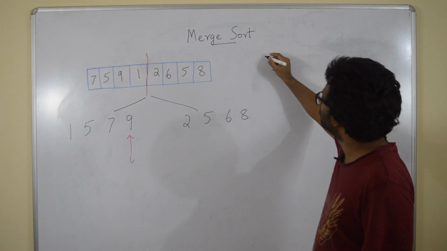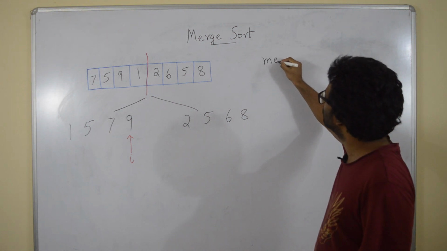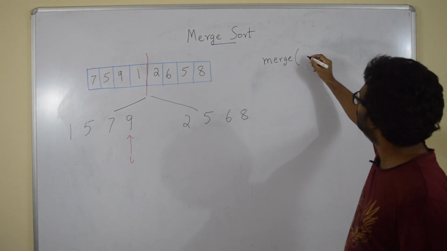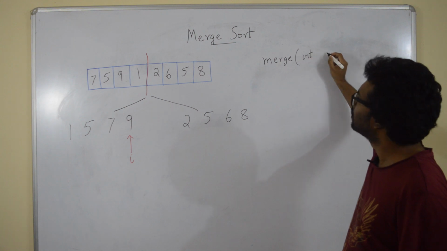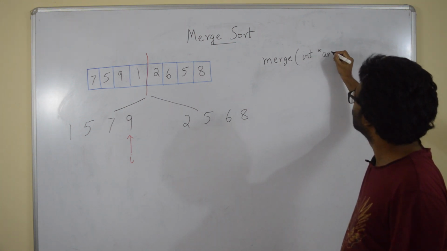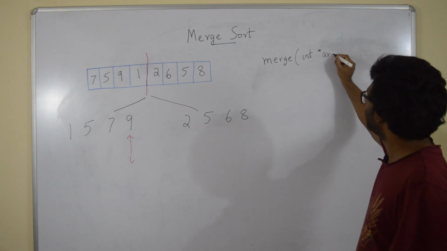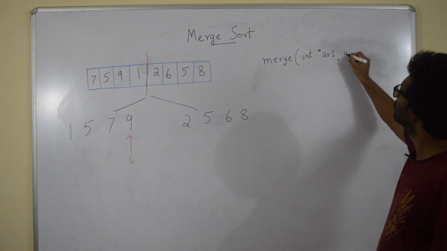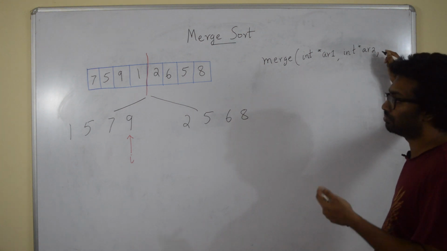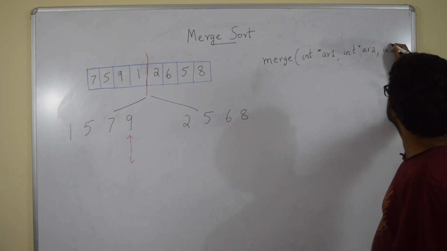Okay, so I'm going to have a merge function. So merge, what does it do? It's going to take two arrays, int AR1, AR2, and they are going to have, as we said, the same size, int n.